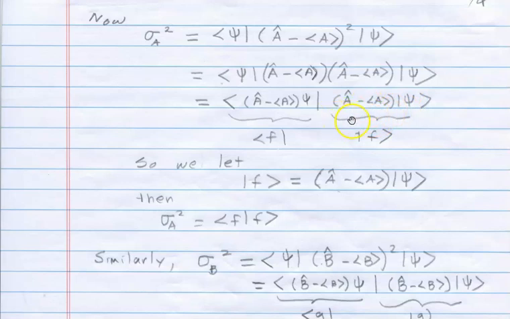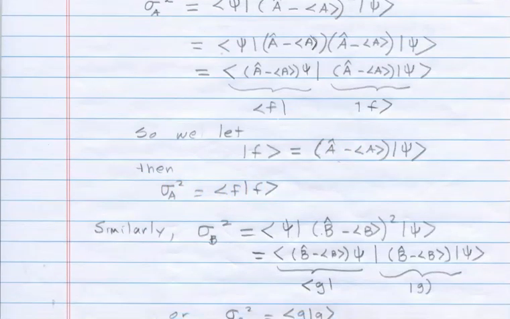Whatever this operator is on psi, I know it's going to be another state vector. And so I get a ket of f, and I just call this thing ket f. And this one over here is, of course, the bra of the same vector. To simplify notation a little bit, if I define f to be this, then the standard deviation of a squared is just f inner product with itself.